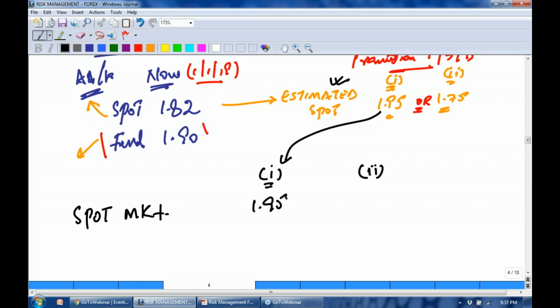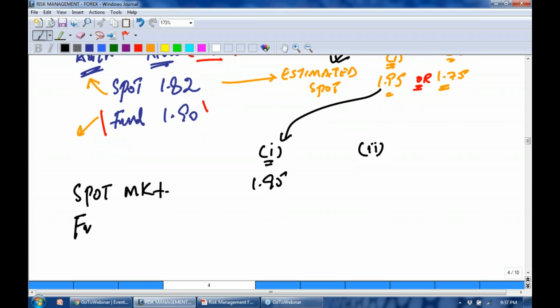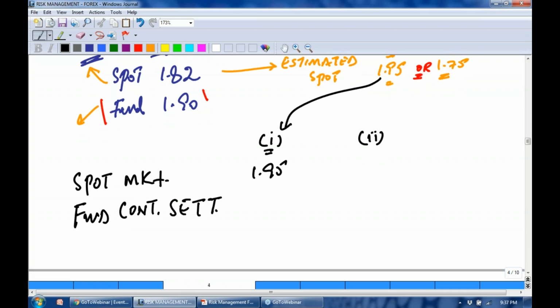We will buy the sterling at the expensive 1.95 Australian dollars, and then settle the forward contract. How does the forward contract settle? I will go to the bank and say that you provided me the rate 1.9 and the actual rate is 1.95. So actually I got a gain, and I have to receive some amount.